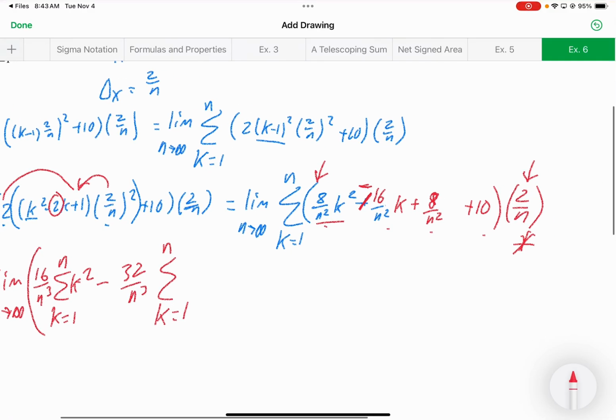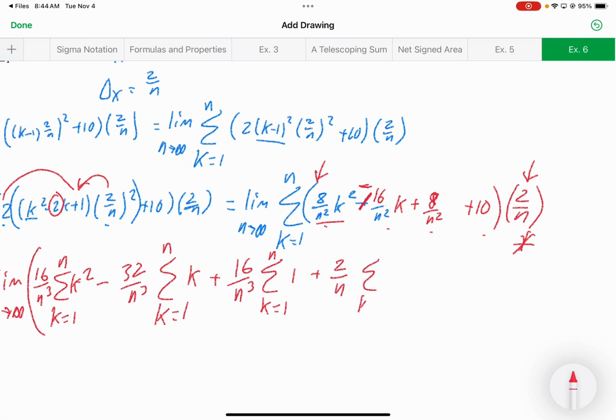All right, and then, so 8 over n squared hit with 2 over n, 16 over n cubed again. And then sum of k equals 1 to n. I pulled everything out, so I'm just going to put a 1 there. And then last but not least, 2 over n times the sum k equals 1 to n of 10.